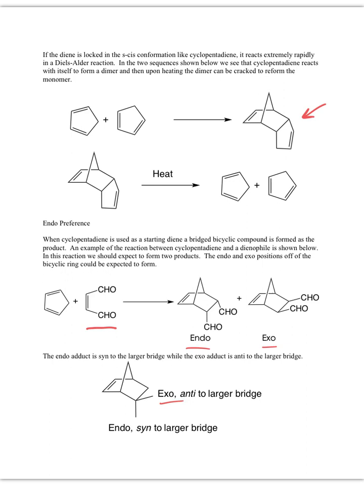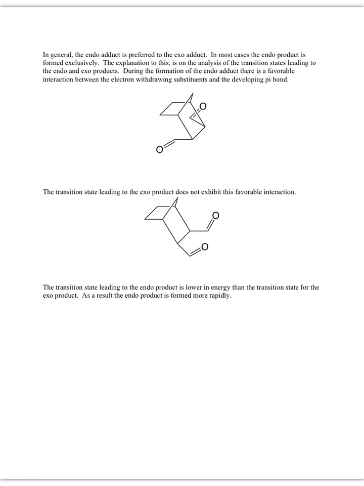So it helps it go endo. So primarily it will normally be an endo product that is formed. Most of the time it's endo, but it can form an exo if things get in the way.